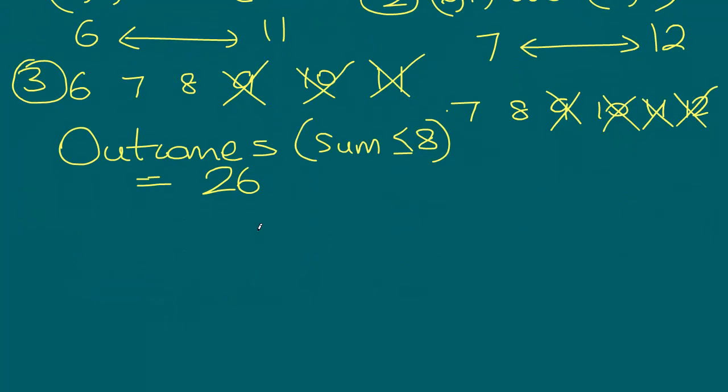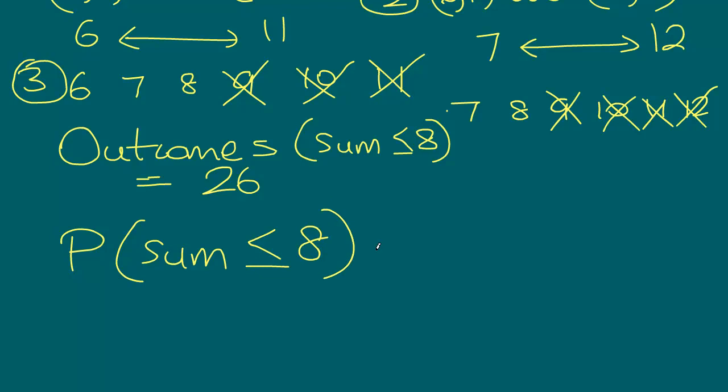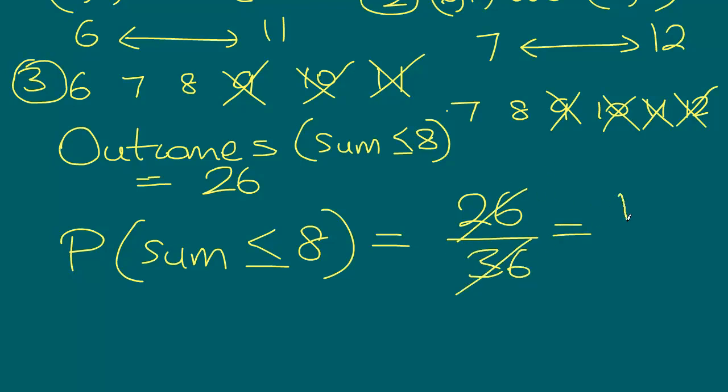So what is the probability? The probability of this event, sum less than or equal to 8, will be 26 favorable outcomes by 36 total outcomes. Divide both by 2, so this will be 13 by 18. This is the desired probability.